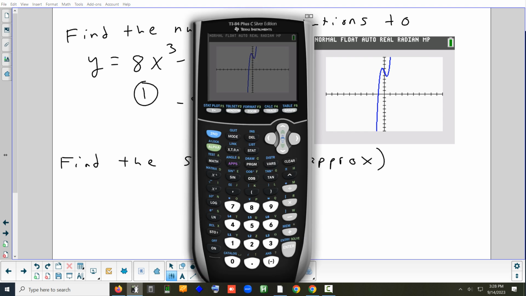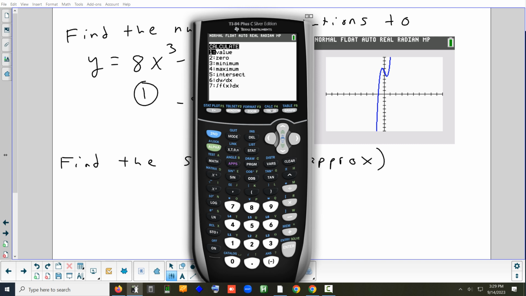And do you remember, what do we press to figure out or calculate where the root is? Is that like second calc? Okay, second calc, yep. Value? No, not value. We usually don't use value much at all. I don't know if I've ever used value. I think you could.